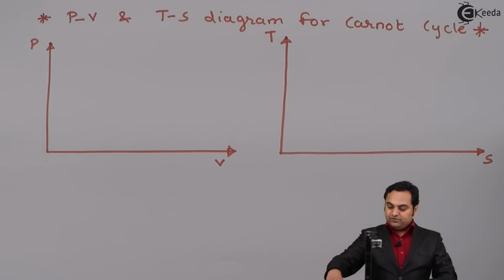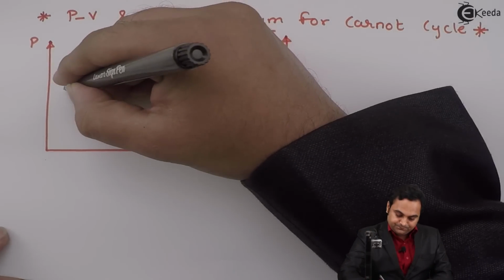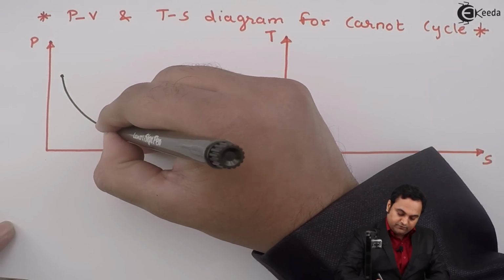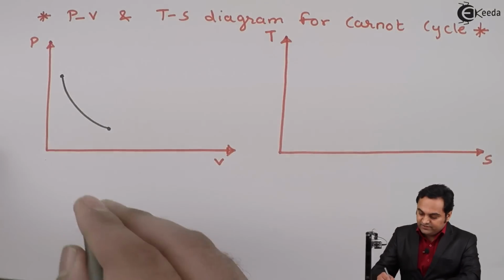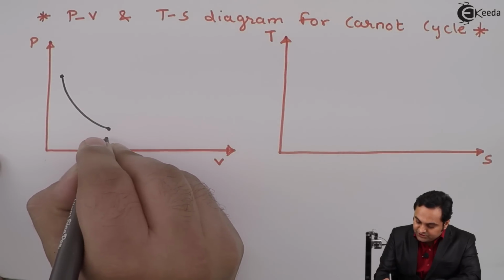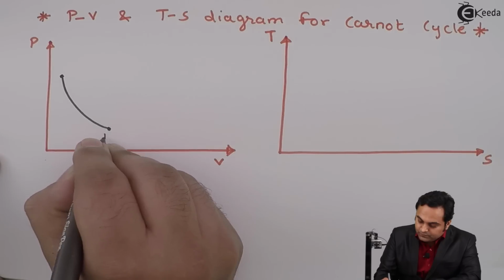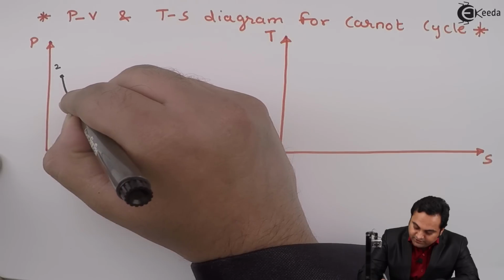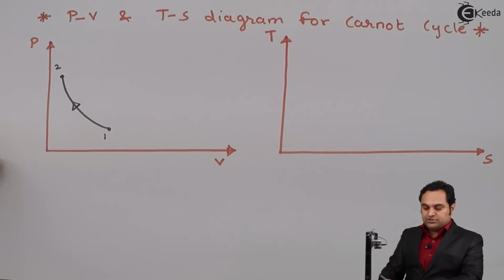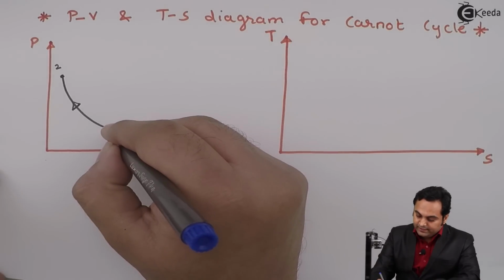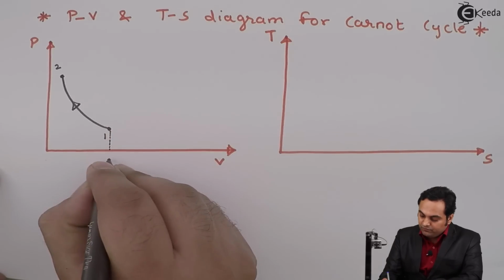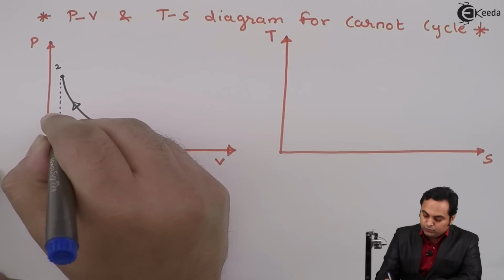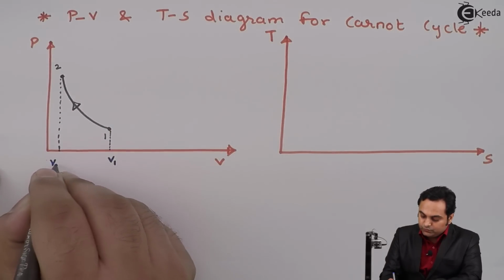So isentropic compression will be shown on PV diagram with the help of a curve. Now this curve which I have drawn, it will have two states, state 1 and state 2, and this curve indicates a compression process, because if we see volume at point number 1, that is V1, is greater than the volume at point number 2, that is V2.